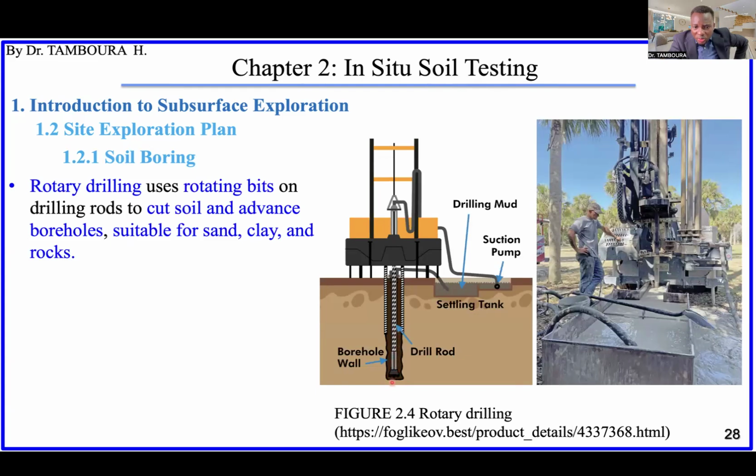The soil mixes with the water, maybe like mud, goes up here, and this tank is the settling tank. Soil will settle here because soil cannot float like that. And up here, maybe we have mud that is floating.